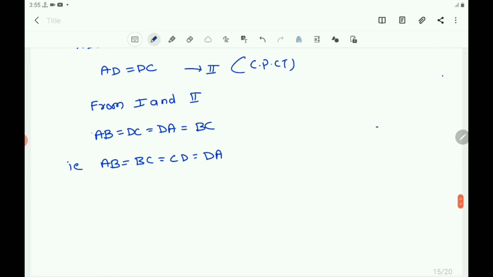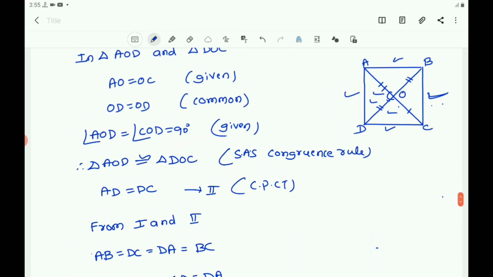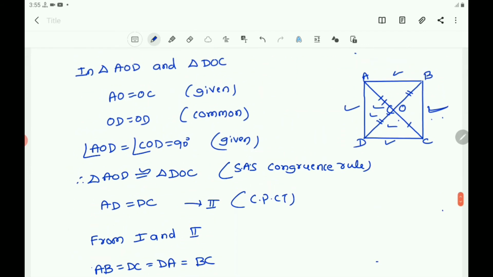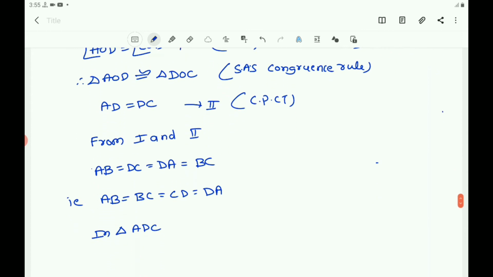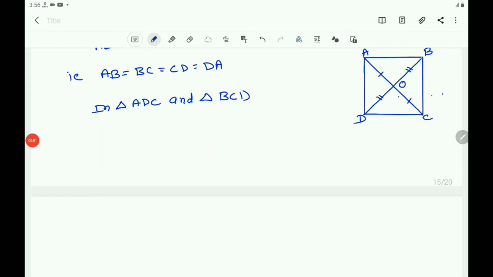In triangle ADC and triangle BCD, write the equal parts here.